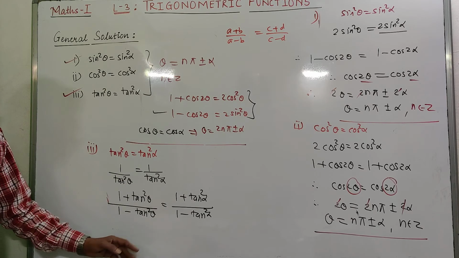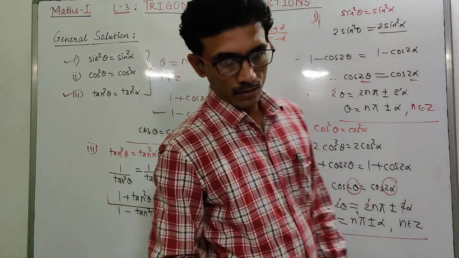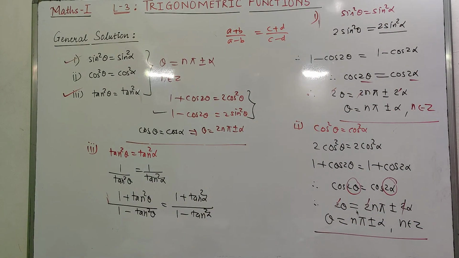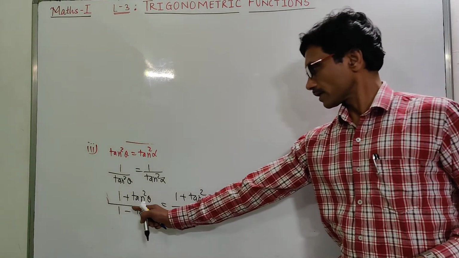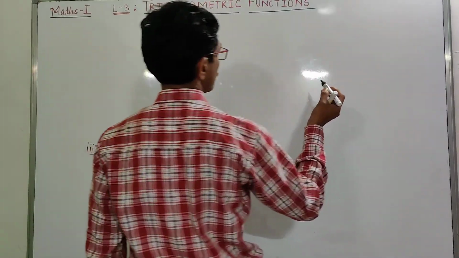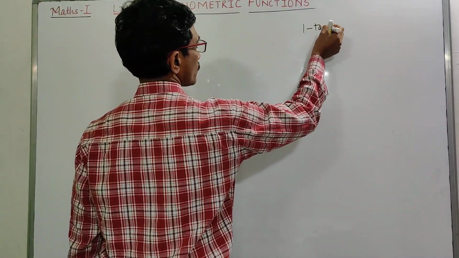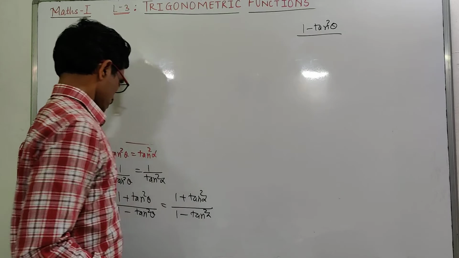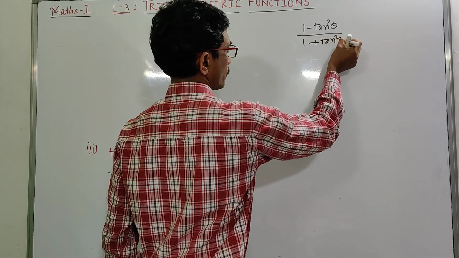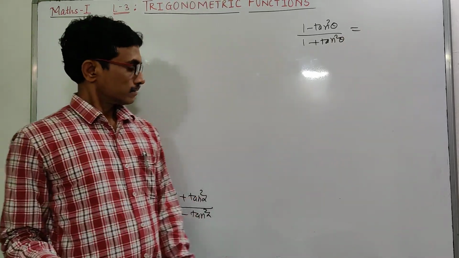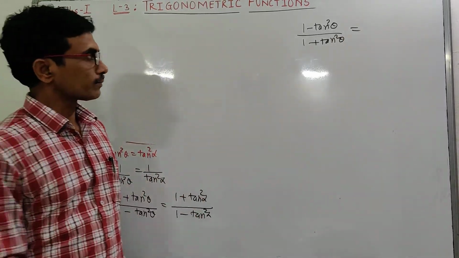We will get a formula in terms of cos of 2 theta. If we take reciprocal, 1 minus tan square theta upon 1 plus tan square theta, right hand side 1 minus tan square alpha upon 1 plus tan square alpha.